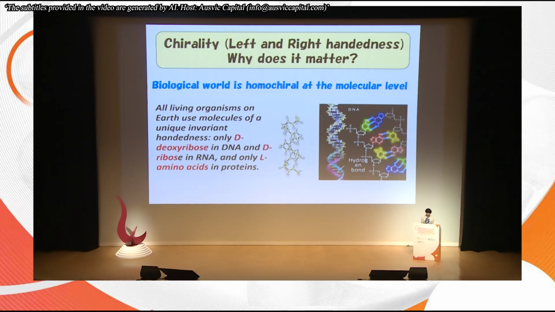In DNA, okay, so this is the double helical DNA. If you make it bigger, these are the base pairs, and this is the sugar phosphate backbone, and it uses only D-deoxyribose, no L-deoxyribose. It is true for RNA, it uses only D-ribose, not L-ribose.